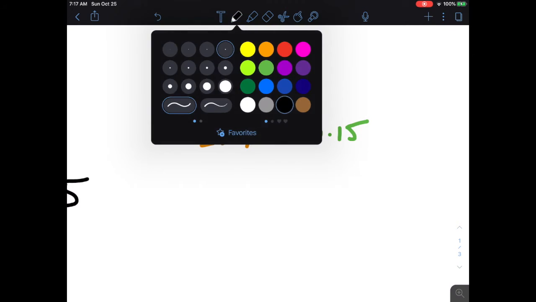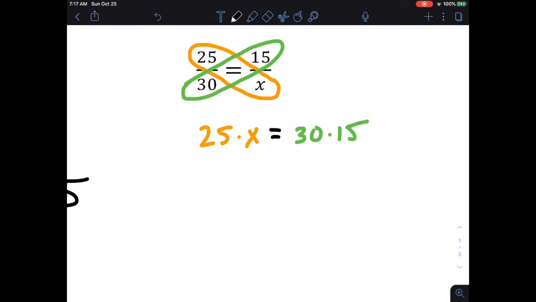Okay, so I'm going to simplify this. So we have 25x equals, well, 30 times 15. Yeah, you might be able to do that one in your head, but let's grab a calculator just to be safe. So 30 times 15 is 450.